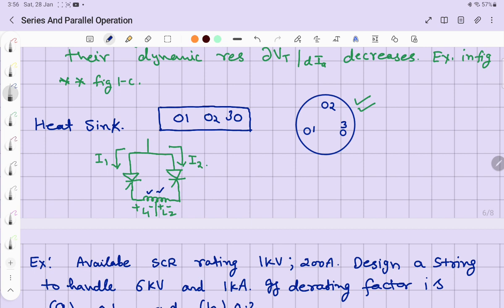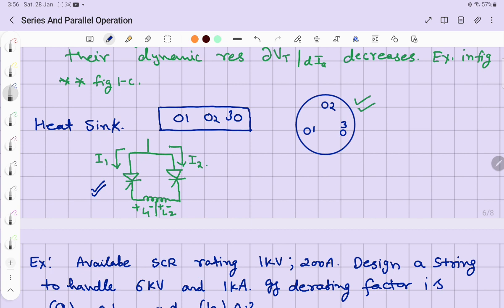According to Lenz's law, current opposes the reason because of which it is produced. If we assume that I2 is high, the inductor polarity would be such that it opposes the flow of current. Here in this figure, the value of current I1 is high compared to I2.